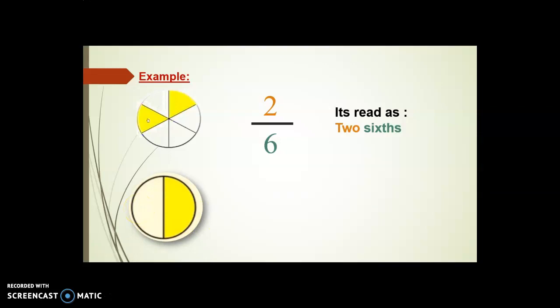Here the circle, I divide it into 2 equal parts. How many shaded parts? Excellent. 1 from 2, and it's read as half. This shape is divided into 8 equal parts. How many shaded parts? 1. 1 from how many? From 8 parts, and it's read as 1/8.